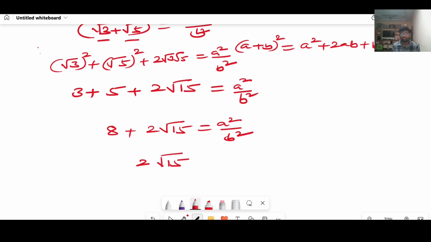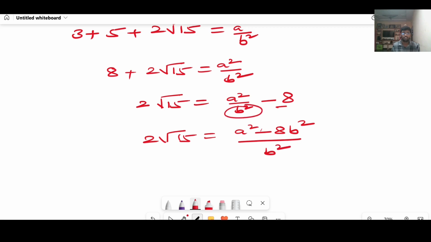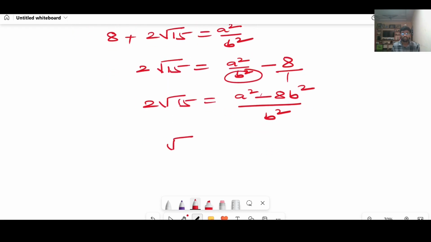Right, 2 root 15 equal to a square by b square minus 8, right? Now 2 root 15 equal to a square minus 8b square by b square, right? If you take LCM for the denominators here, right, root 15 equal to a square minus 8b square.